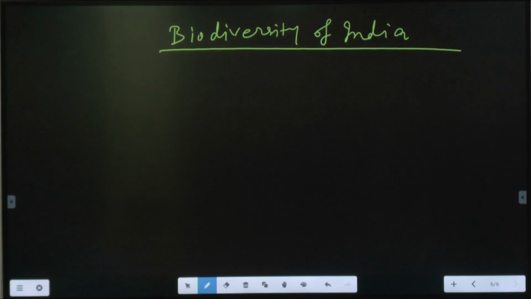It can also be discussed as disappearance or declination of biological diversity.